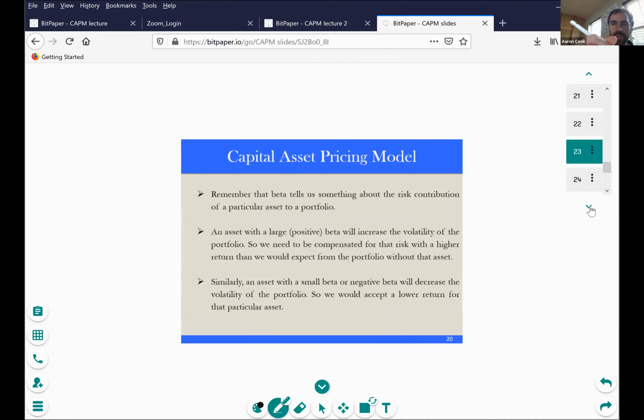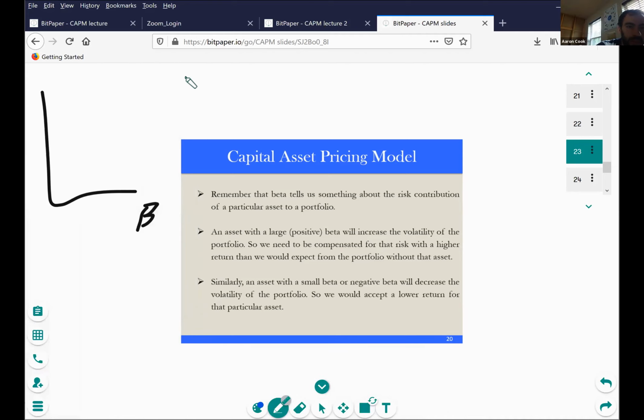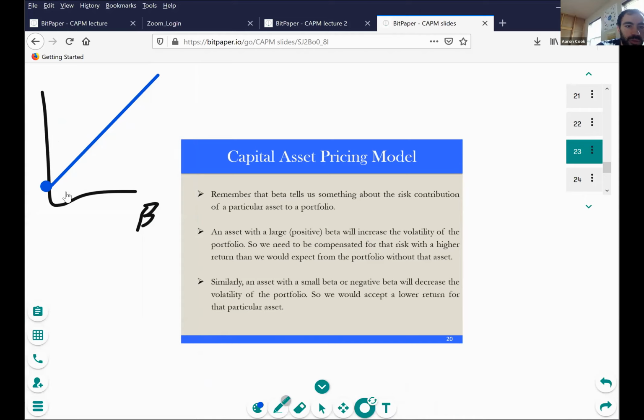Where this is leading eventually is we want to be plotting some measure of expected returns where beta is on the x-axis, and there's going to be some risk-free rate and some sort of combination of portfolios that we can mix and match along with the risk-free rate in order to get any sort of return we might want, which would be some combination of the risk-free rate and any other asset.